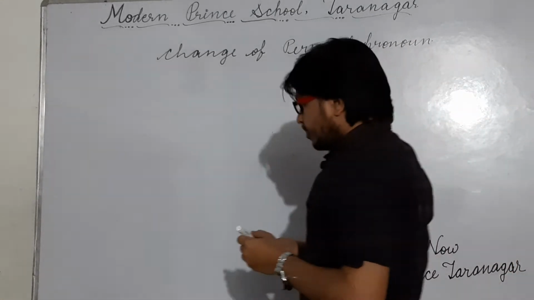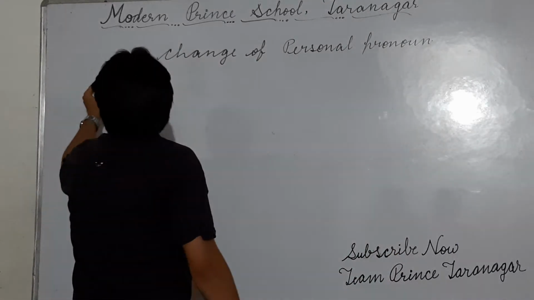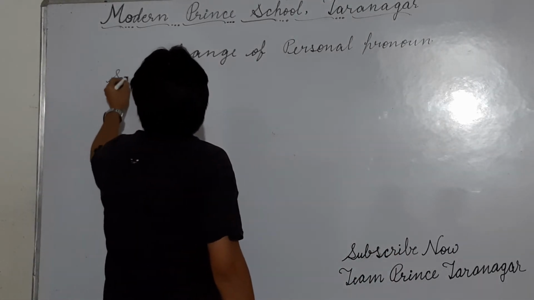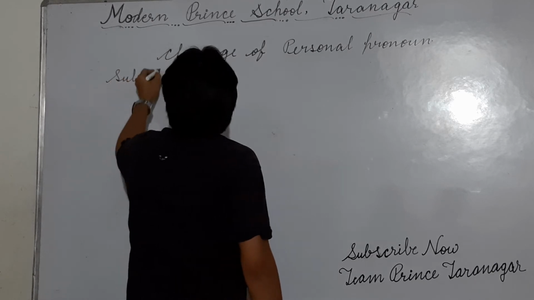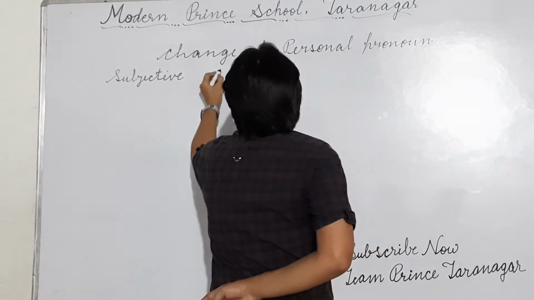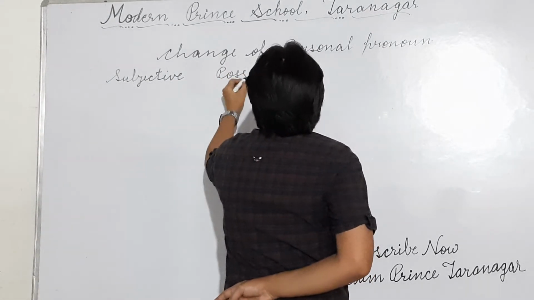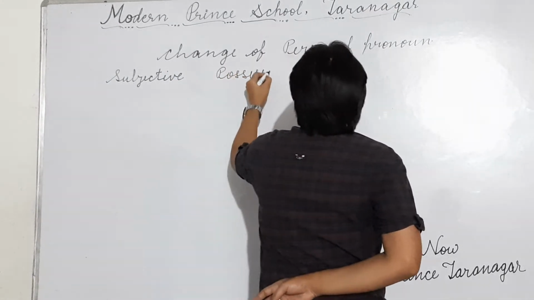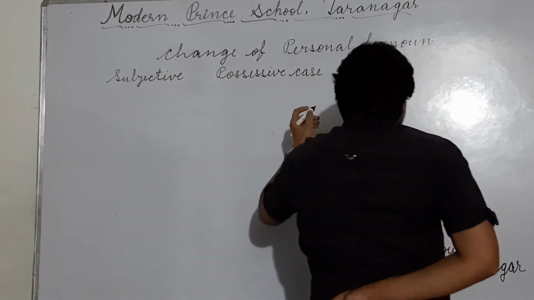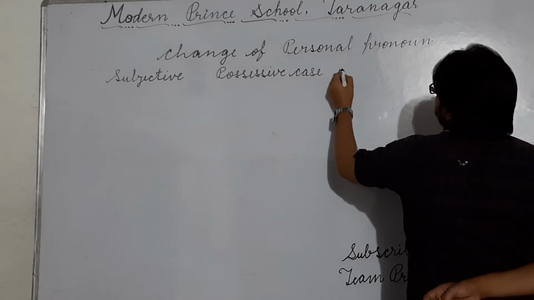Okay, all of you know very well there are 4 cases of personal pronoun. Number first, subjective case. The second one is possessive case. The third one is objective case.